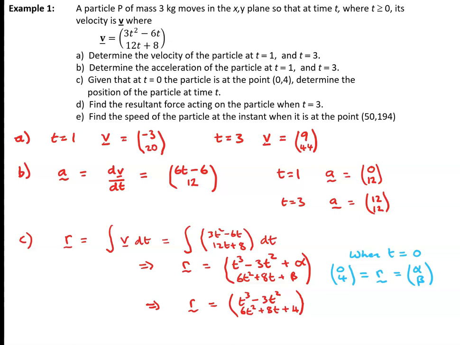If that's the displacement of the particle at time t away from the origin, it means that the position of the particle at time t is the point (t cubed minus 3t squared, 6t squared plus 8t plus 4).